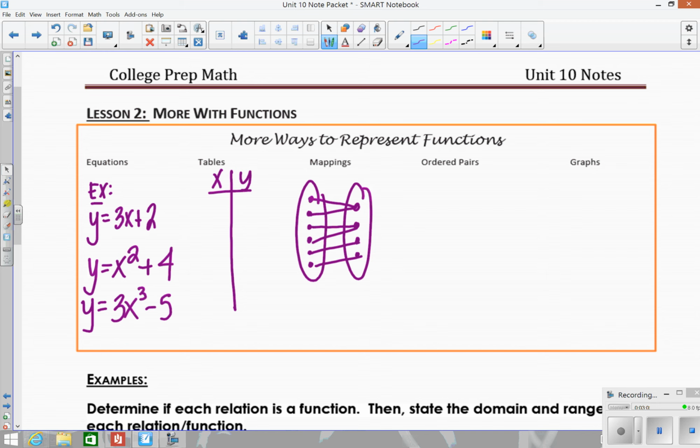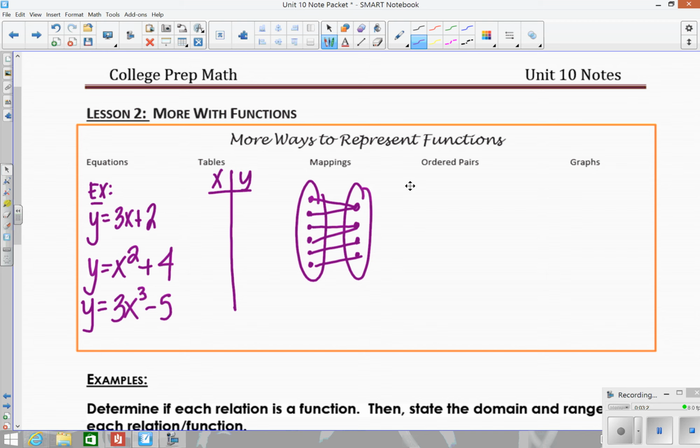In order for this relationship to be a function, you have to check the inputs and make sure that each input is only getting mapped to one output. So there has to be just one line coming off each of these in order for it to be a function.